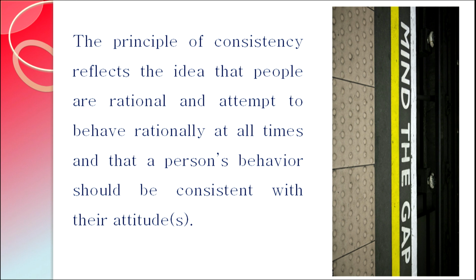This means that if I like something, I will always have a favorable attitude towards that thing. But if I dislike something, I will not be able to have a positive attitude towards that thing, which means that I am consistent in my behavior and the attitude which I show to a particular thing.